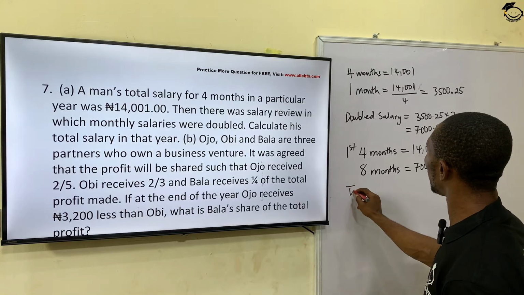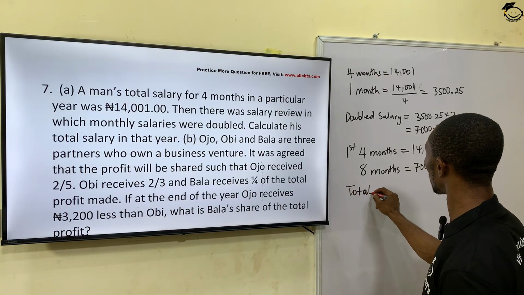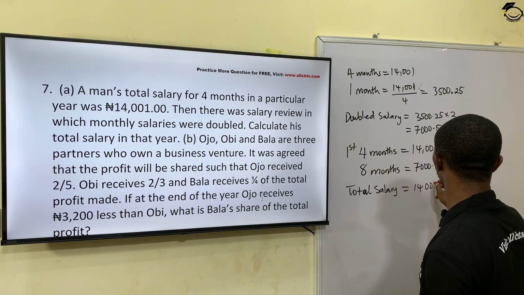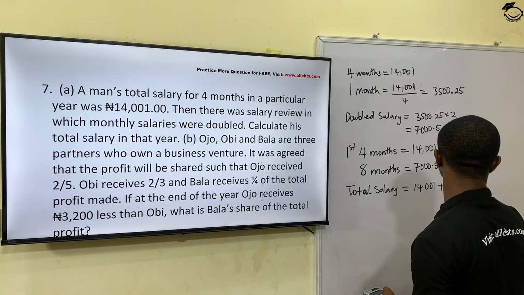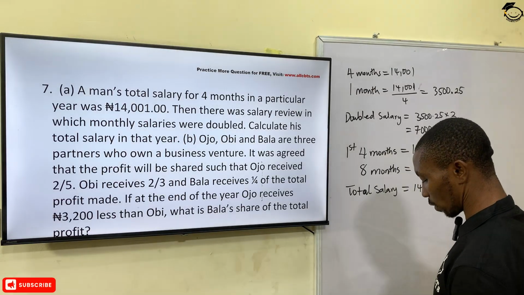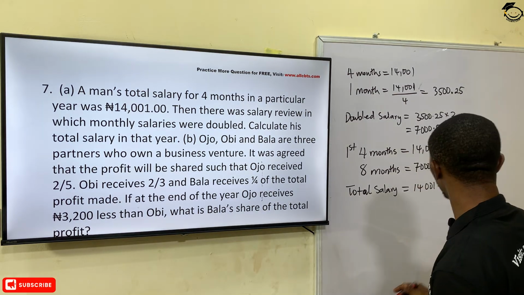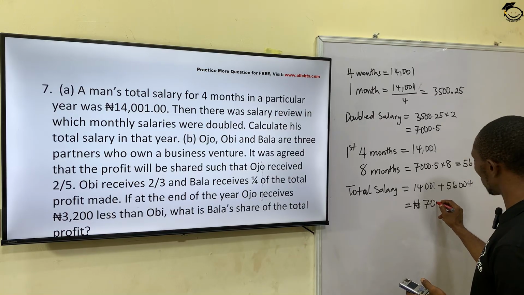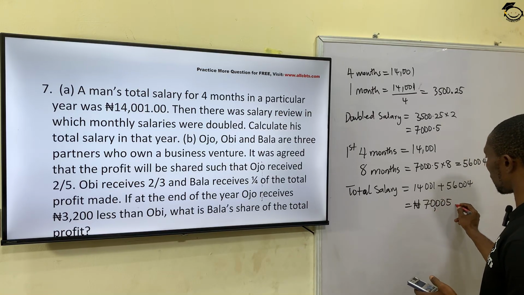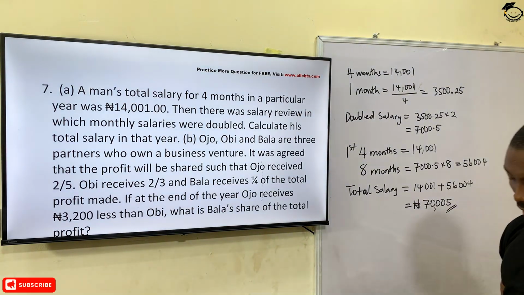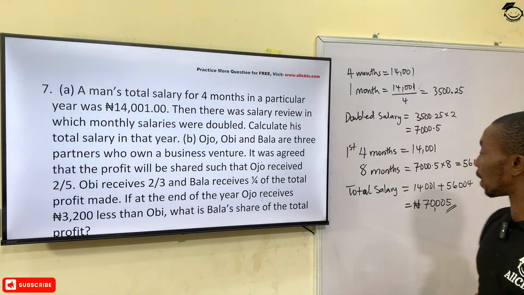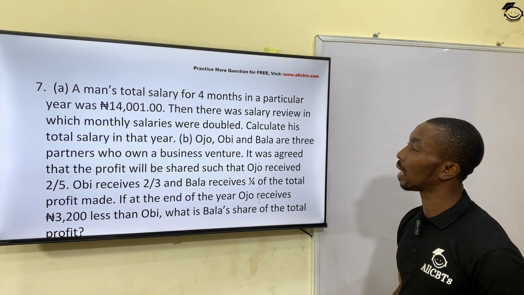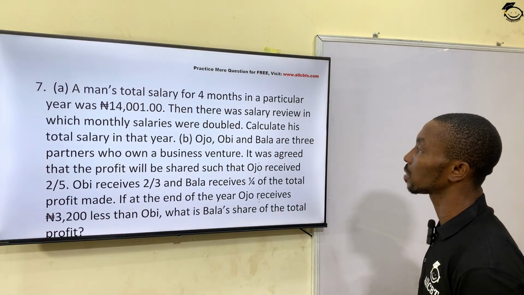So his total salary for the year would be 14,001 plus 56,004, which gives us 70,005. So his total salary for that year would be 70,005 naira.